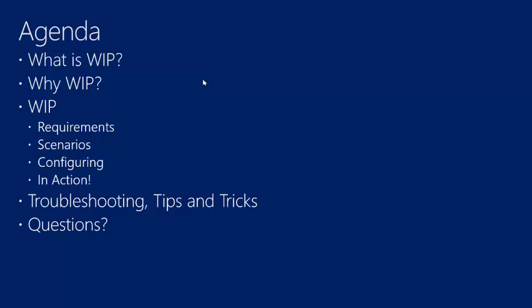So I'll tell you here that I will show you this working, but the demos will not be as meaningful in my lab as they would be in production, because some of the configurations in my lab are not as easy to do as they would be in a production environment. Maybe that's not the right way to say it. You'll understand as we go through. Troubleshooting tips and tricks to kind of wrap up the session.